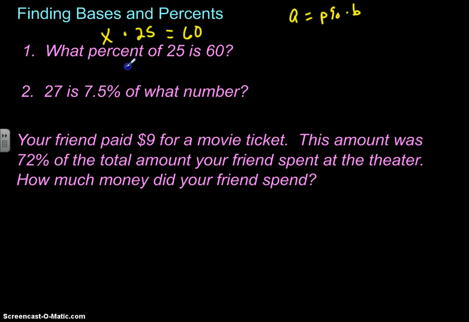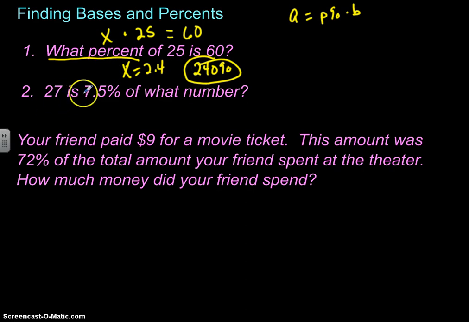Okay, well in this case, X equals 2.4, but we're looking for a percent, and remember, this is a decimal. We have to change it to a percent, so I move the decimal 2 places, and I get 240%. This is something you need to be aware of. When you find X, you're going to find the decimal. You need to change it to a percent at the end of the problem. Okay?